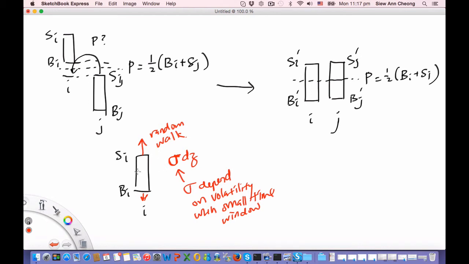But more importantly, say this is the price range for trader I, and the most recent price, or the average of the most recent prices, is down here. We also want more steps to be taken towards P bar, and fewer steps to be taken away.